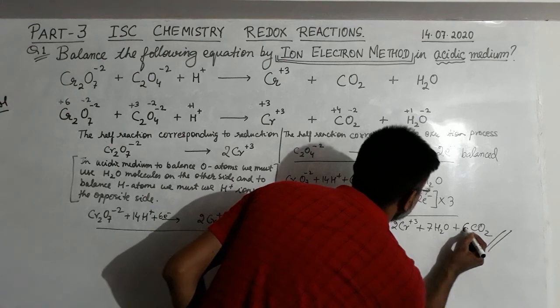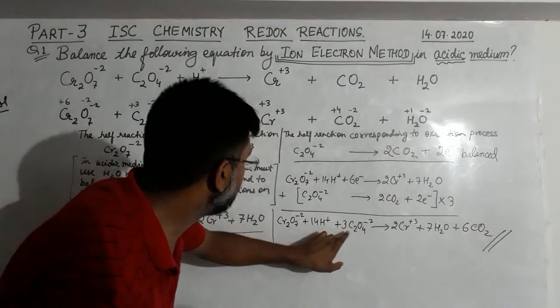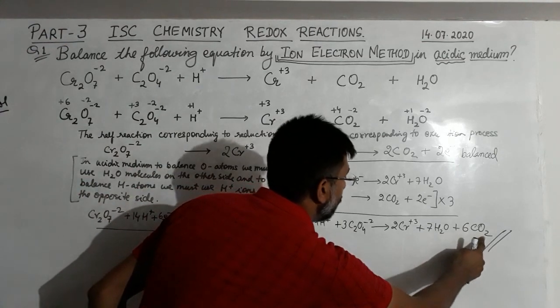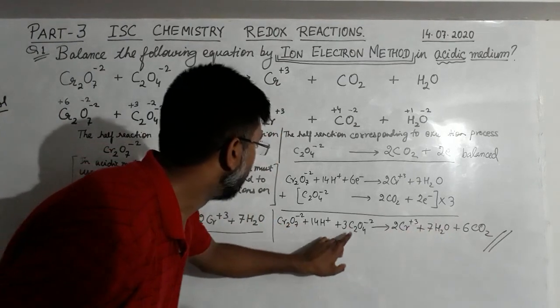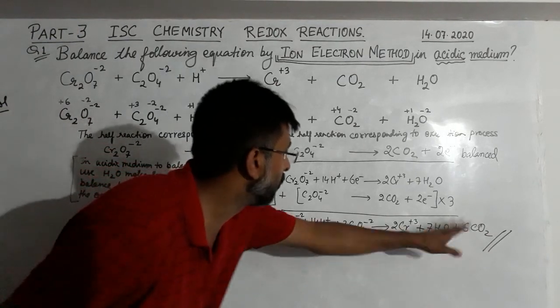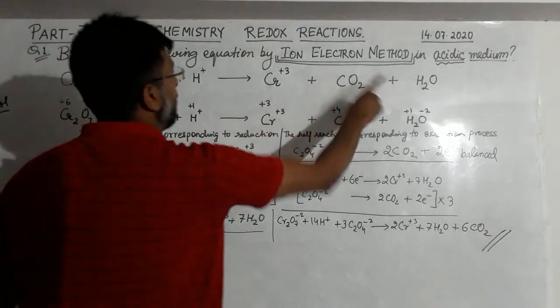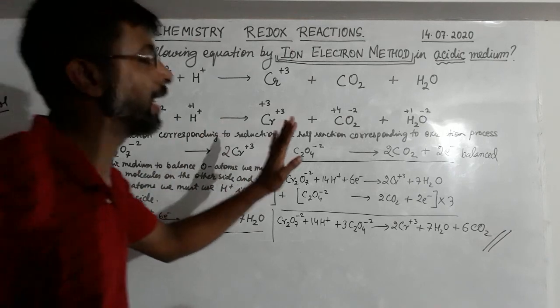I forgot this. So now check the number of oxygen atoms. 4 3s are 12, 12 plus 7, 19. 6 2s are 12, 12 plus 7, 19. Oxygen is also balanced. Hydrogen is 14, hydrogen is 14. Carbon is 3 2s are 6, carbon is 6. Now this equation which is given in the question, it has been balanced by the ion electron method, and this reaction is happening in acidic medium.